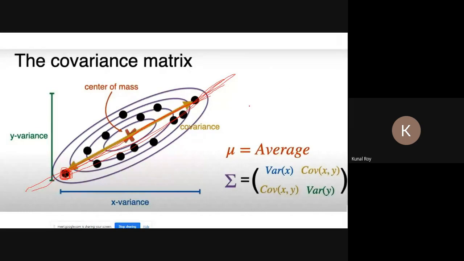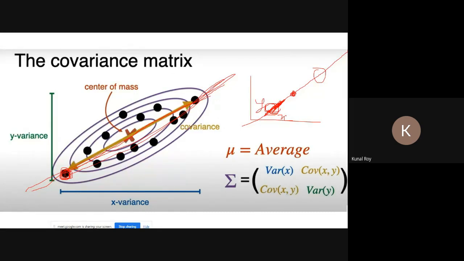Suppose there is one data point here and another here, and here is the center of mass, at equal distance between these data points. So we have to calculate the discriminant function. These data points are separated into two parts: the same data point is converted into some x part and some y part.